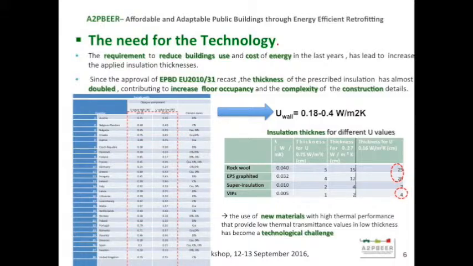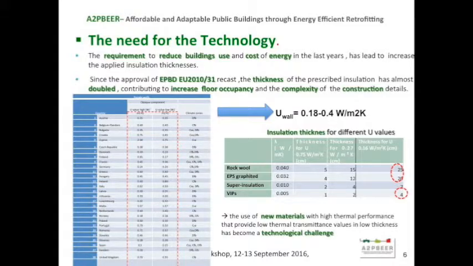So nowadays we have more strict requirements for the U value of the wall. So in this table, you have more or less the different U values of different countries, and the U values are between 0.18 and 0.4. So we need a good insulation to achieve these values.